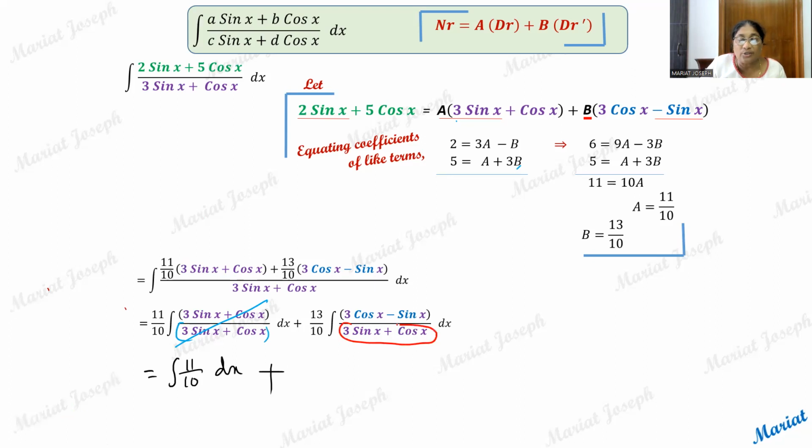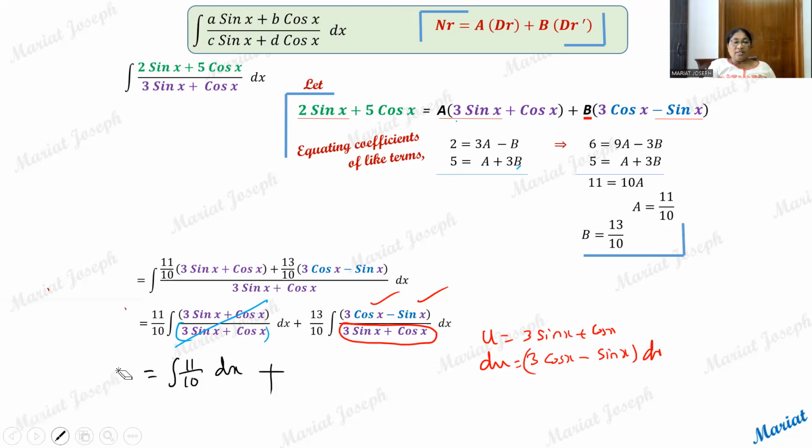You will take u equal to 3 sin x plus cos x. Then the du, we have already created the du in the numerator. Take the derivative and see. It is 3 cos x minus sin x into dx. This is what is written in the numerator.